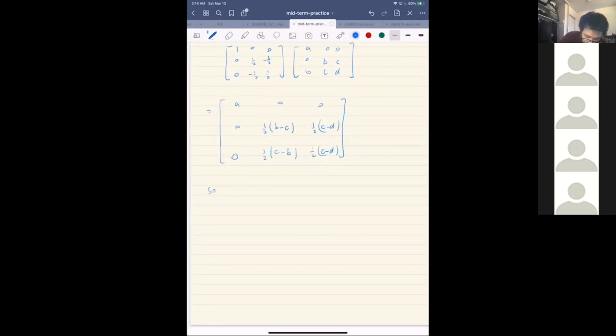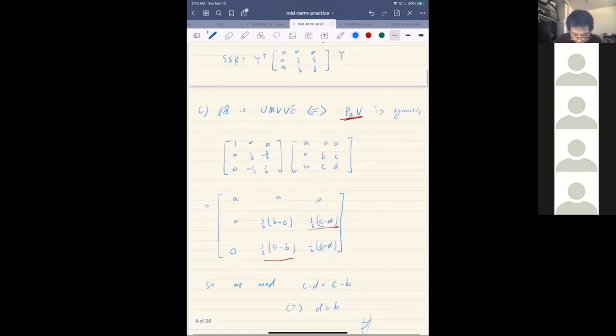So if it's symmetric, we need these two terms to be the same. So C minus D should be equal to C minus B. And this is if and only if D equals B. Okay. So this is just a lot of calculation.